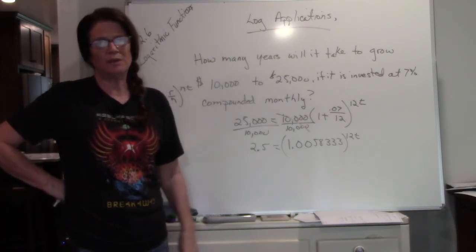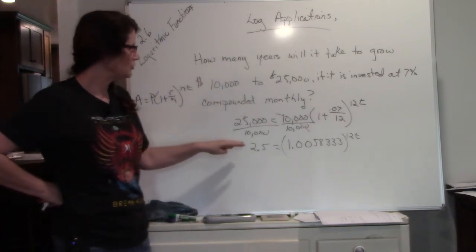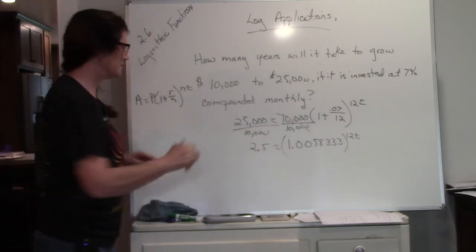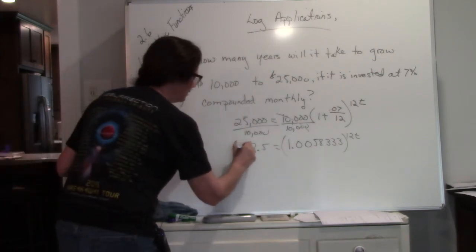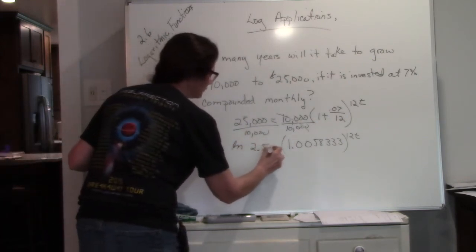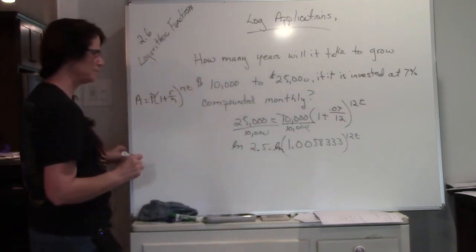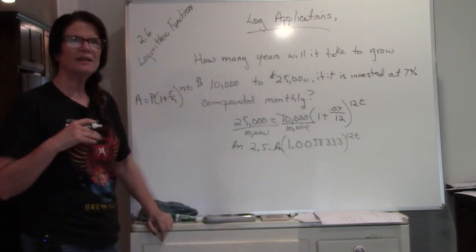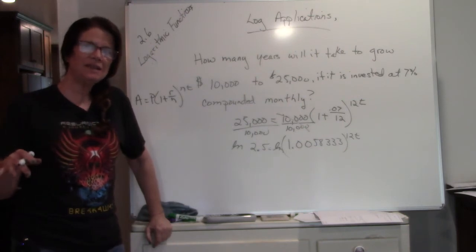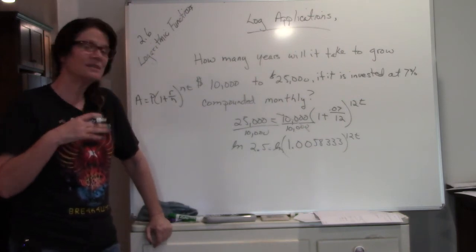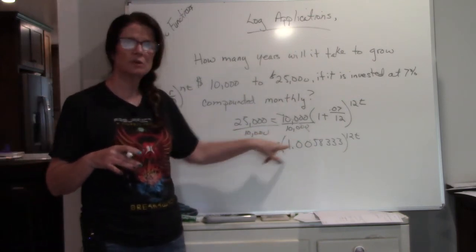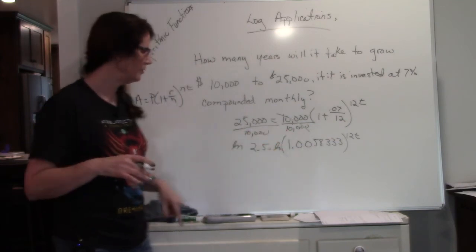It's just what I always go to. So even though I don't have an e, I can still do ln of both sides. It doesn't eliminate the e because there is no e. So it doesn't eliminate this like it does when we're using the continuous compound interest.